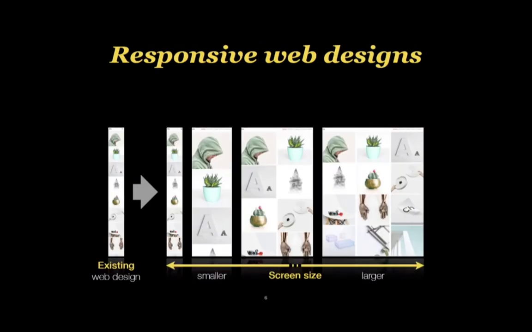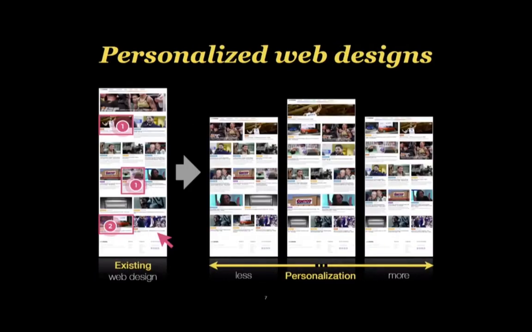Here is an example where we have a static mobile layout on the left-hand side, and we take that as an input for the system, and the system is able to generate designs for different screen sizes. Here is another example about personalization.